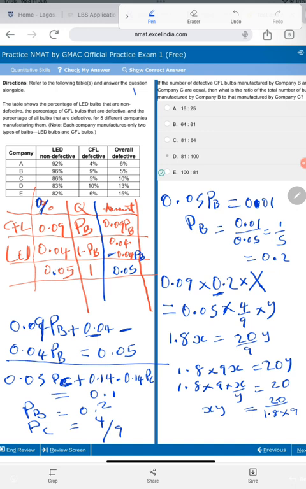Remember that the total that are defective are PB. If we subtract everything that is remaining, PB is 1 minus PB.